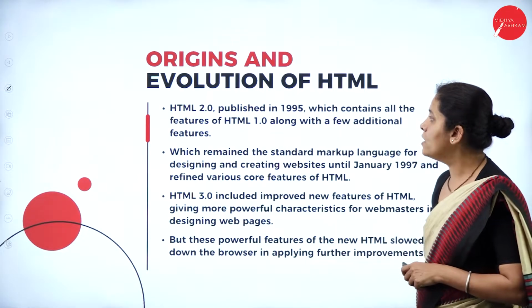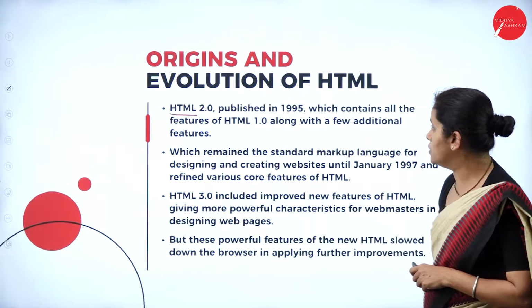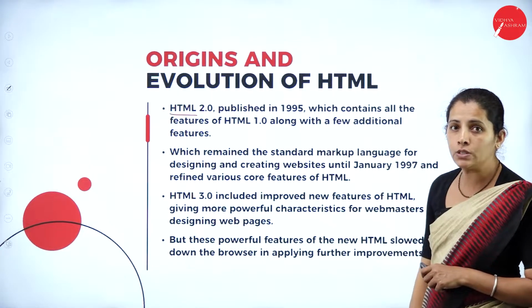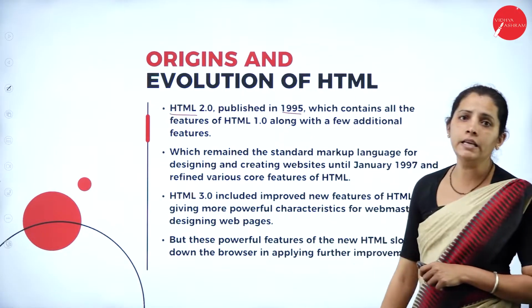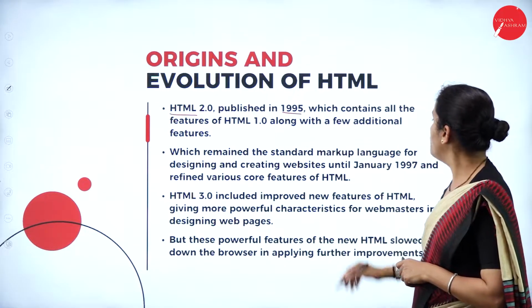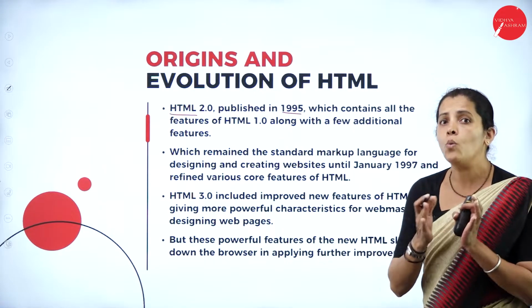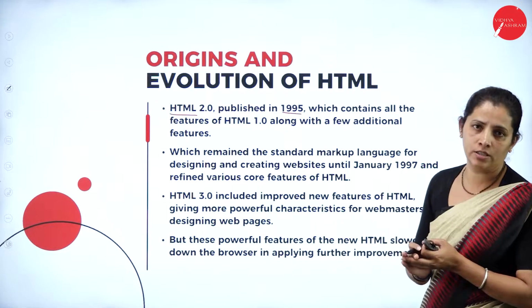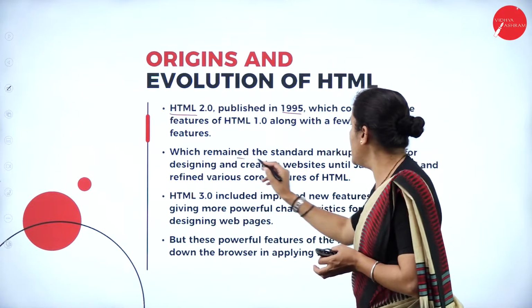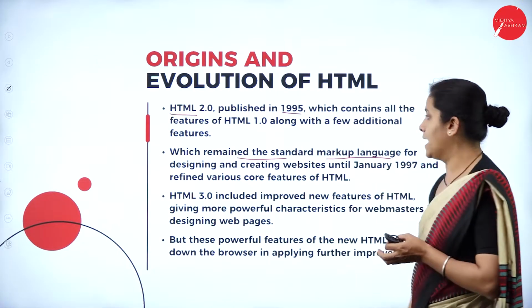Okay, fine. Then we have HTML 2.0. It is introduced, in the sense what? It was published in the year 1995, which contained all the features of HTML 1.0 along with additional features, which remained the standard for markup language.